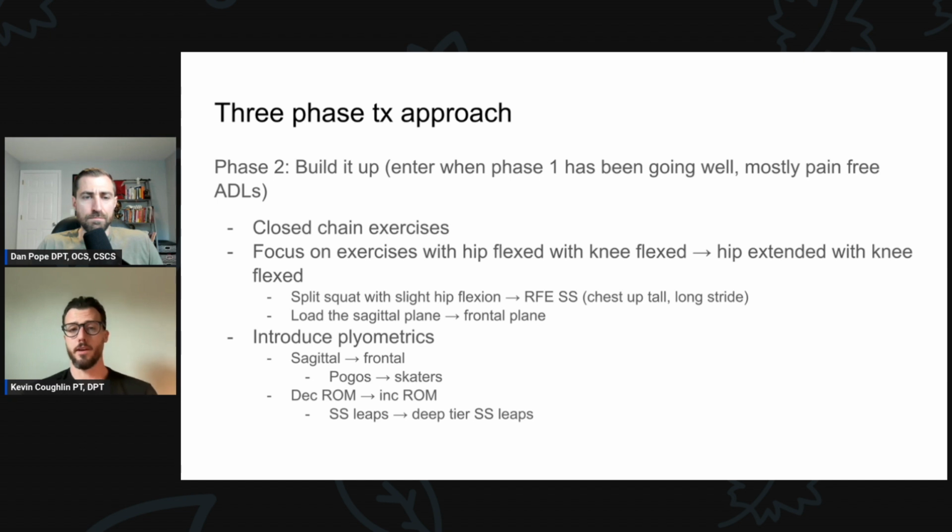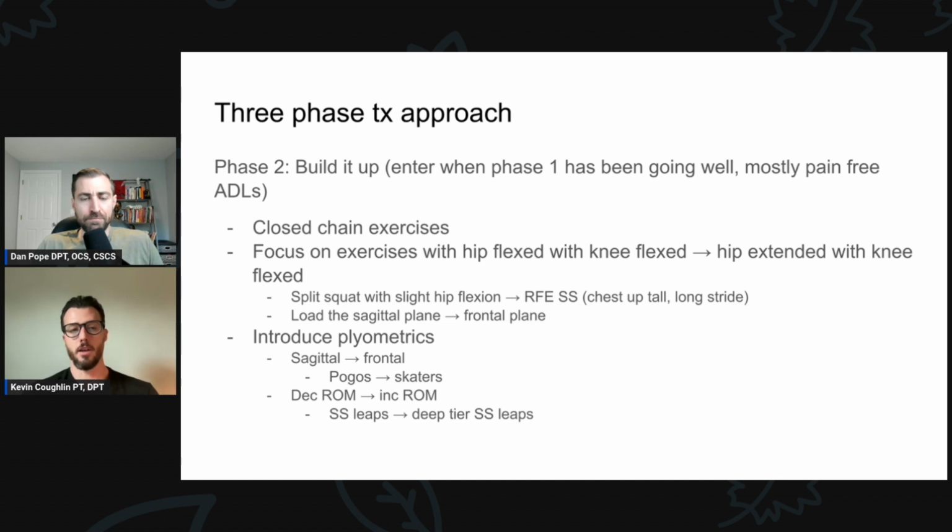So in this phase, we're going to focus more on closed chain exercises, specifically at the knee joint. So maybe initially we focus on exercises with the hip and knee both in a flexed position before progressing to an extended hip with knee flexed. For example, that might look like a split squat where initially maybe you keep their trunk forward a little bit.